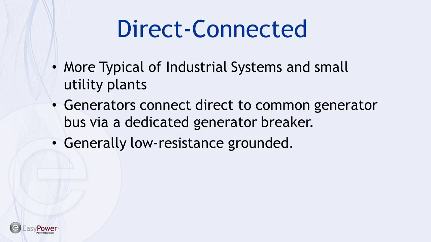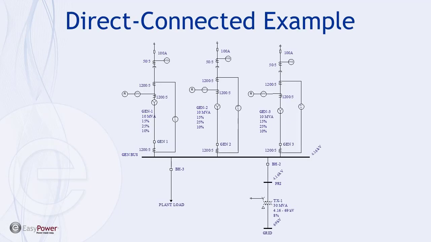So the key here is that generators are connected direct to a common generator bus, each one with its own breaker, and then loads are served directly from that bus or through a common transformer. So these are generally going to be low resistance grounded. And that helps protect the machine, but also allows sufficient ground fault current that we can selectively coordinate faults in the system.